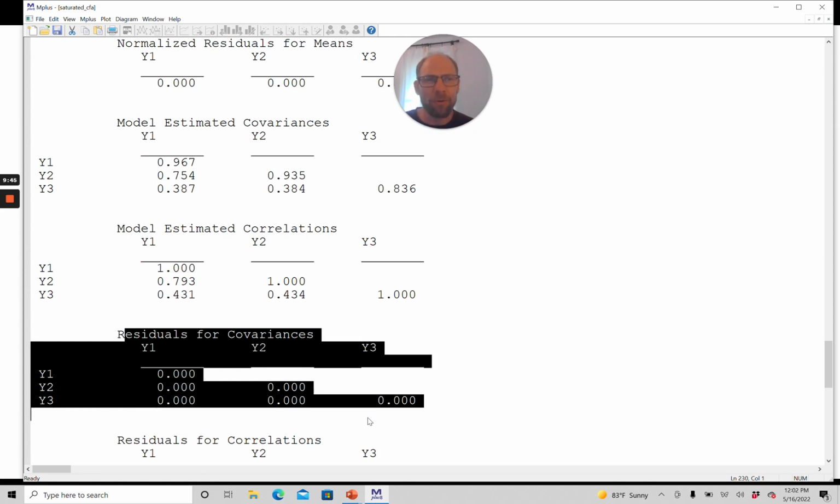Now, is this a problem per se, that this model just uses all the information and doesn't reduce the information in any way?